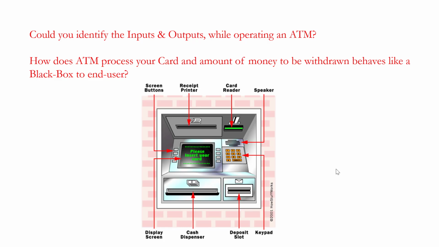When you go to an ATM machine, you will have a card and you will swipe it in the card reader, and then it will ask you what you want to do, whether it is withdrawal, deposit, or transfer of money. Suppose you choose withdrawal, and then it will ask you the amount that you want to withdraw, and so on till you get the money out of the ATM.